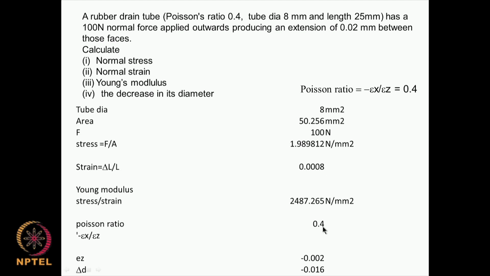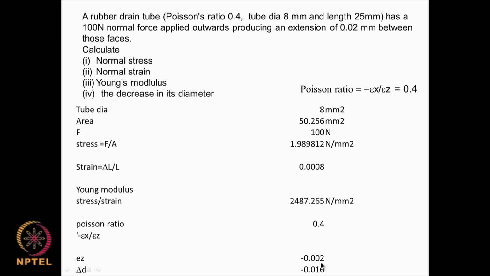In the other direction it will be 0.002, because you are dividing by 0.4, because Ex divided by Ez is equal to Poisson's ratio. So, Ez is given by Ex divided by the Poisson's ratio, that is why you get 0.002.